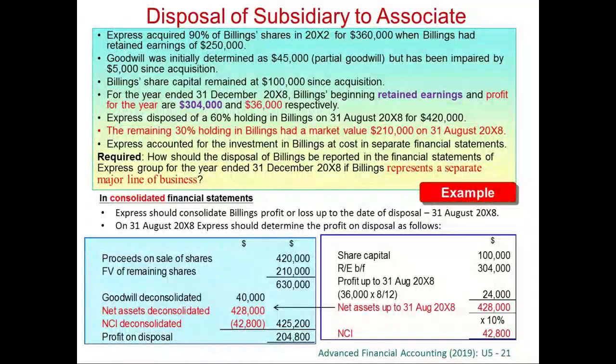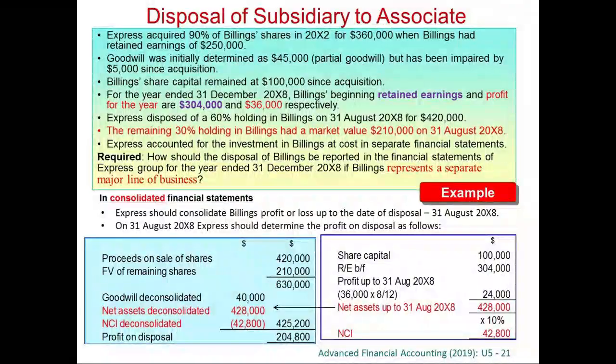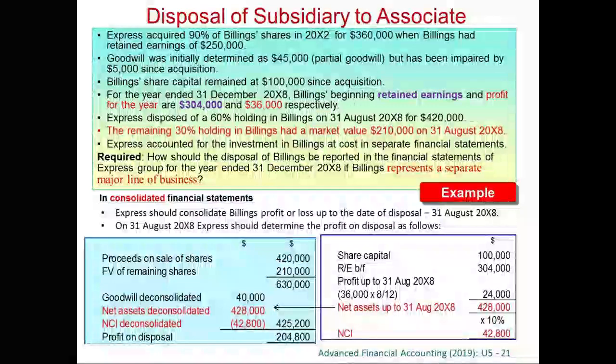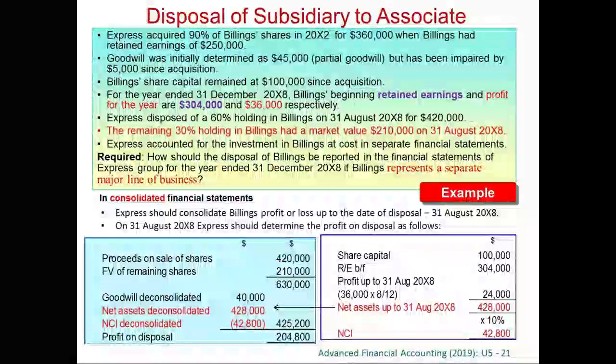At the day of acquisition, it was 250. Now it is 328, right? The retained earning at the beginning of the current year was 304, but you have shared a month, right? So now it is 328.